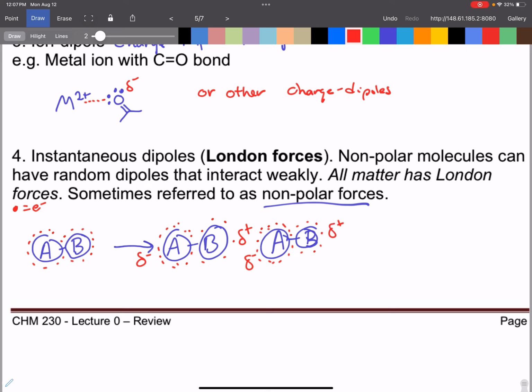And that can kind of keep on happening, et cetera. This instantaneous induced dipole can keep inducing other dipoles. Now they go away really quickly, and they're coming and going constantly. So they're pretty weak as a result.